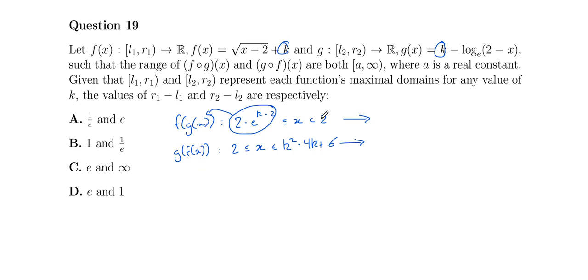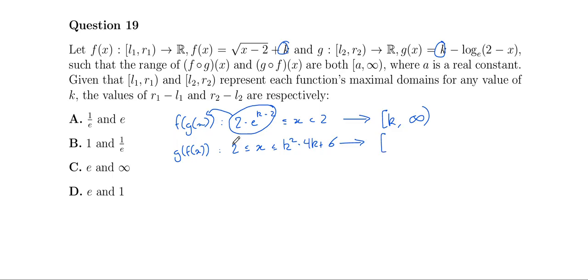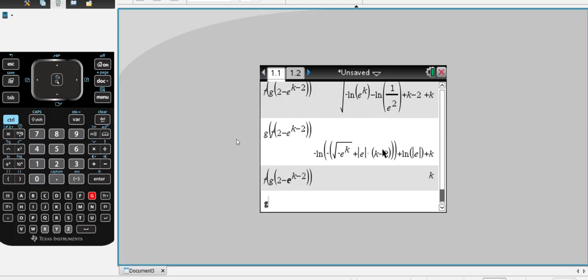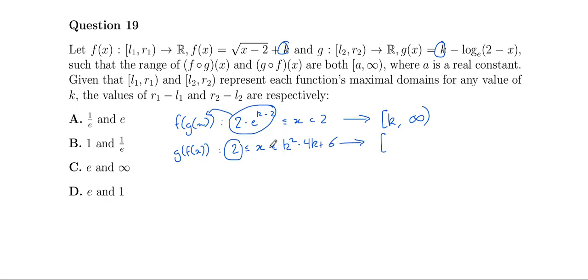That's much better. So k to infinity is what the range of f of g of x is going to be. And then same with g of f, we're just going to substitute the left endpoint, which is 2. So g of f of 2 is going to give us this, k minus ln 2 minus k to infinity.